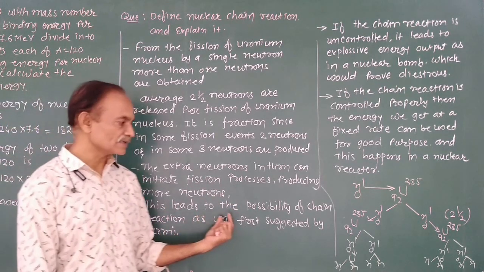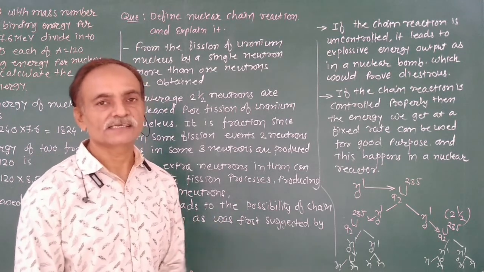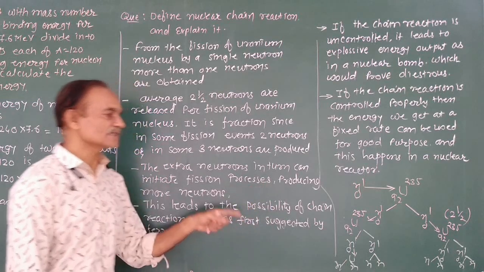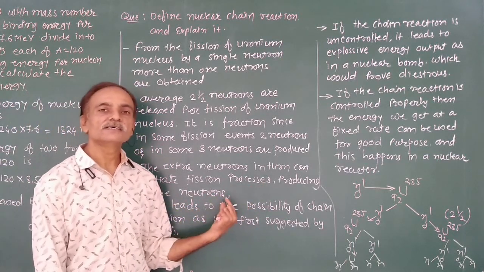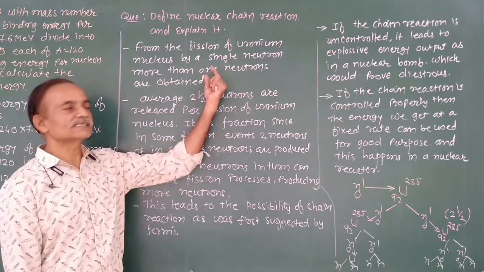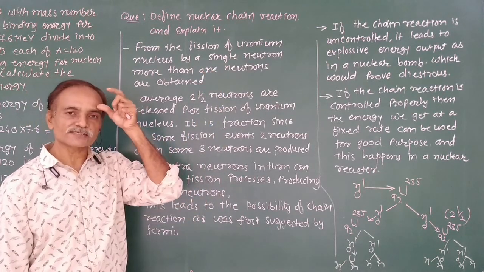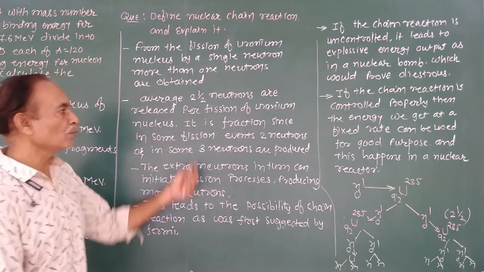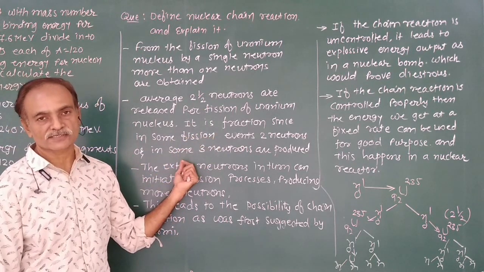Fermi was the first physicist who suggested the nuclear chain reaction. Initially we discussed only the fission of a single uranium nucleus by the slow neutron. As a result, more than one neutron is produced. But in some fissions of the uranium nucleus, 2 or 3 neutrons are produced.